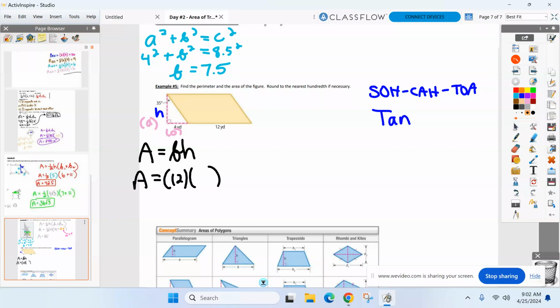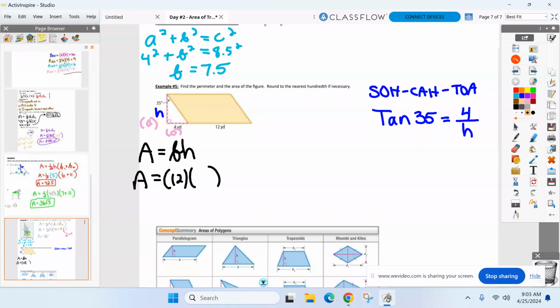Tan, abbreviate it, TAN. What's my angle I'm working with? Tan of 35 equals, now I write the ratio, opposite over adjacent. And that's why we label them. So 4 over H. How did we solve?